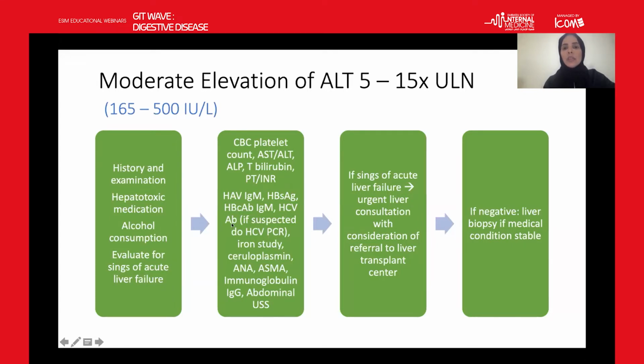And if you think that there is a high risk behavior, or blood transfusion or procedure that may increase the risk of acute hepatitis C virus, even if the antibody is negative, you will send the PCR because of the window of 3 months that the antibodies need to become elevated. And you send for iron study because this is the range where hemochromatosis could still appear, as well as Wilson disease and especially autoimmune hepatitis, and immunoglobulins and abdominal ultrasound.